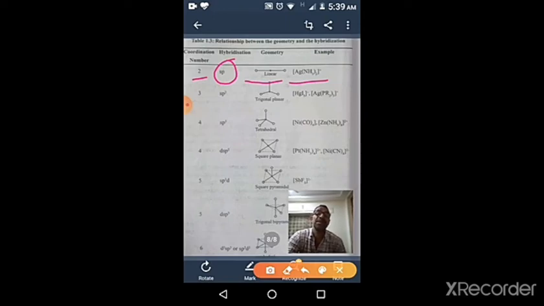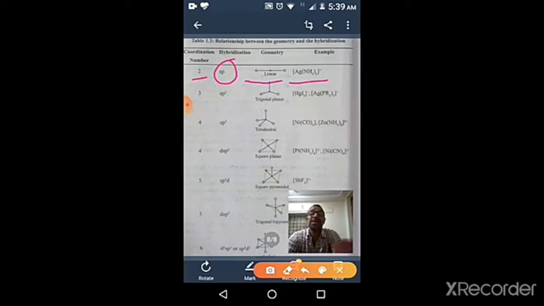What is this complex? Diamminesilver(I) ion, [Ag(NH3)2]+. The central metal atom exhibits sp hybridization.